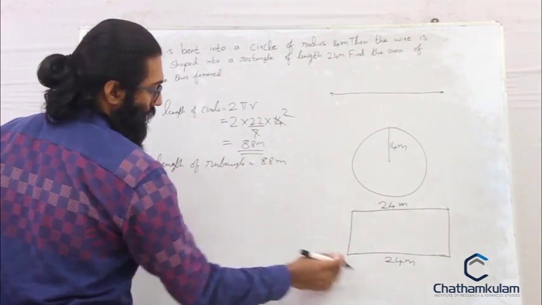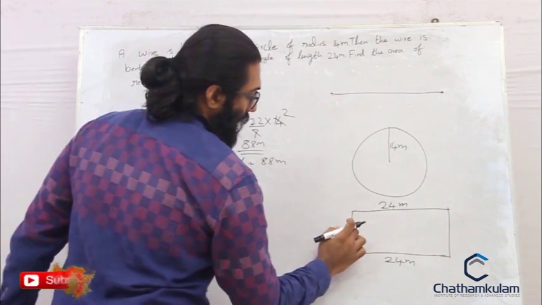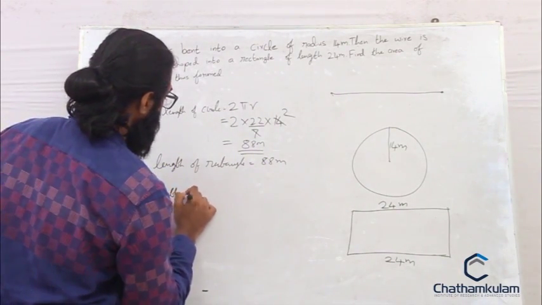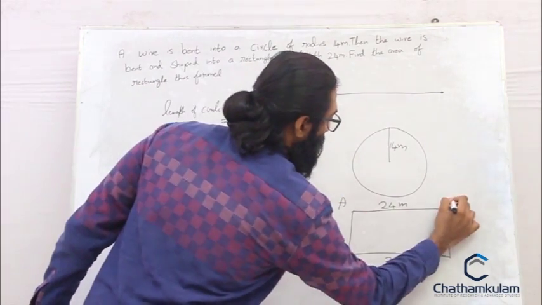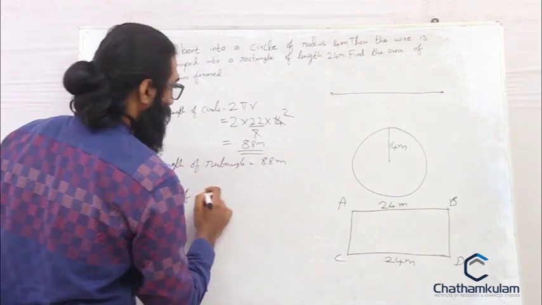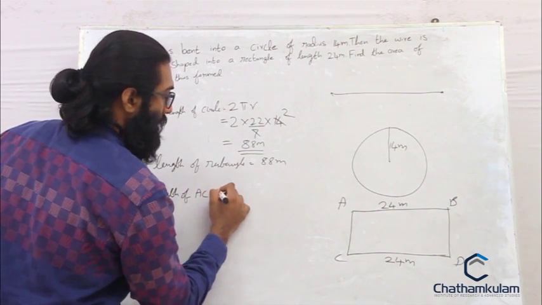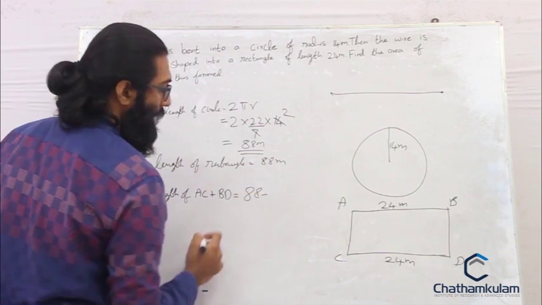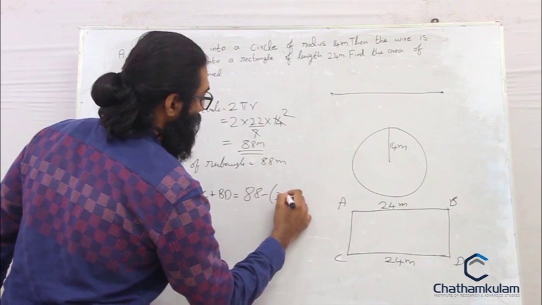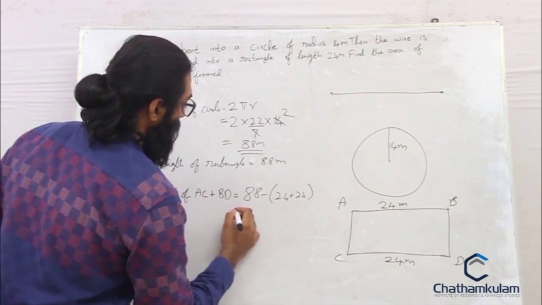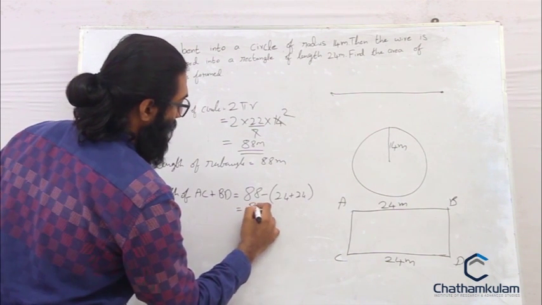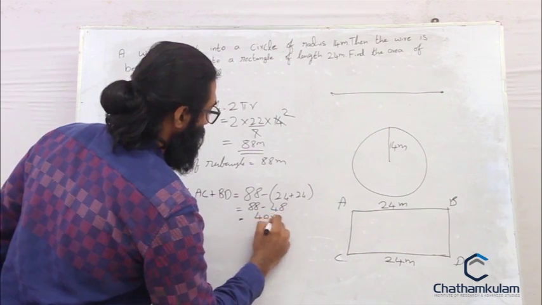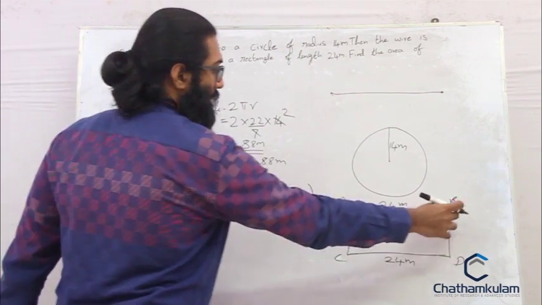Okay, then we get the addition of these two sides as length of, let's say it as A, B, C, D, then length of AC plus BD equals 88 meter minus of 24 plus 24, that is equals 88 minus 48, which is equal to 40 meter.